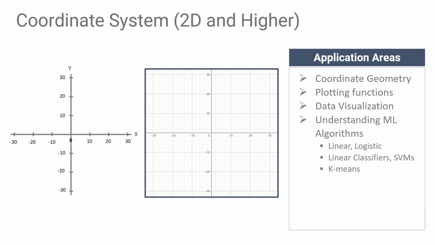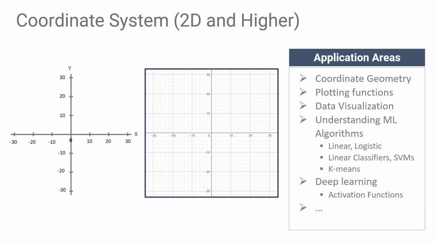While explaining the working of many machine learning algorithms, we do use coordinate systems. I've provided here some examples, which are the machine learning algorithms where coordinate systems are talked about. Similarly, in deep learning, when it comes to visualizing activation functions, we do talk about coordinate systems, and there are more such areas.